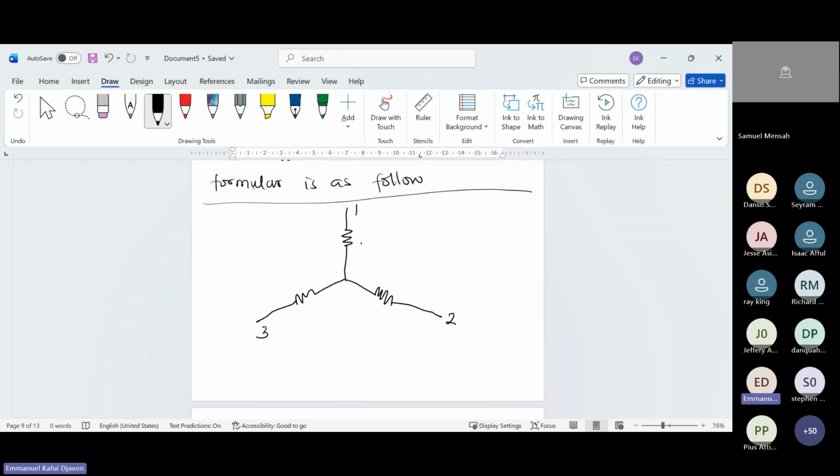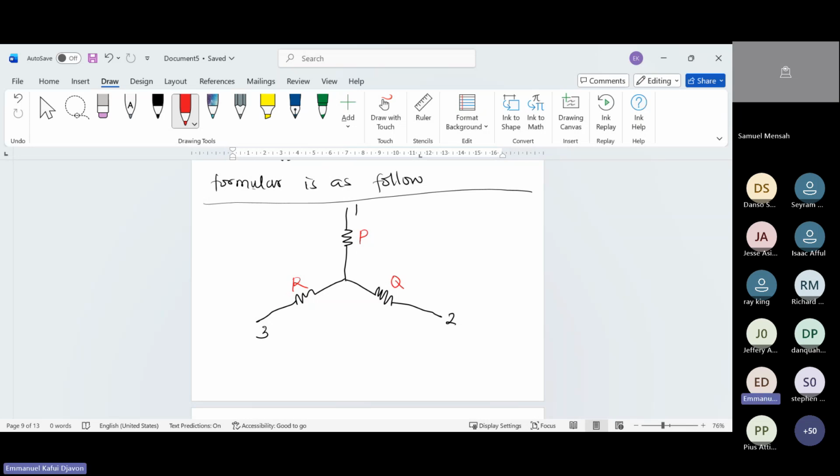Don't forget that for the star, we have P, we have Q, and we have R. Let me use a red color. So P, Q, and R.